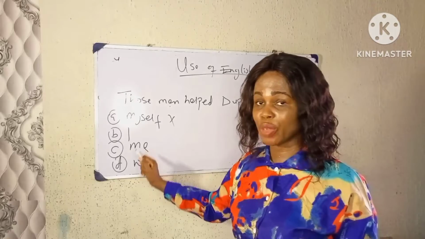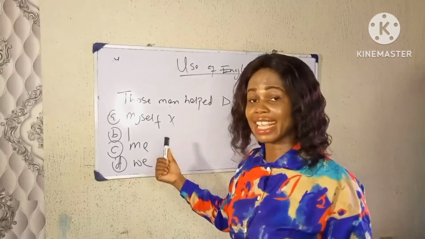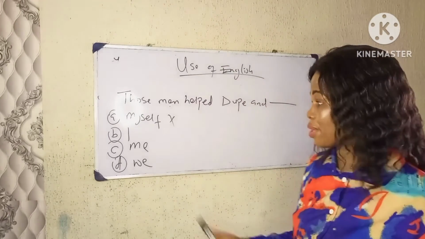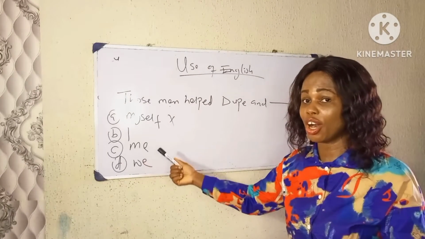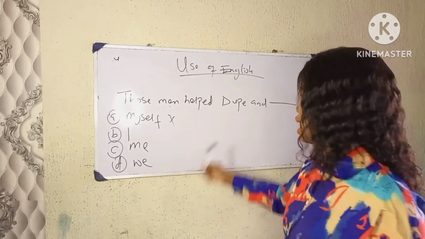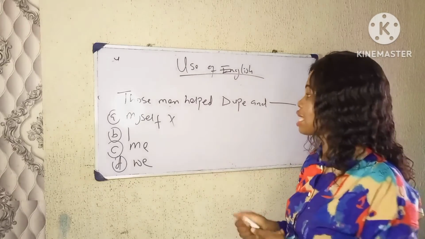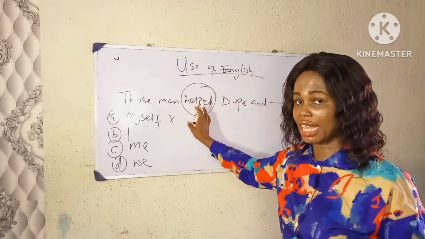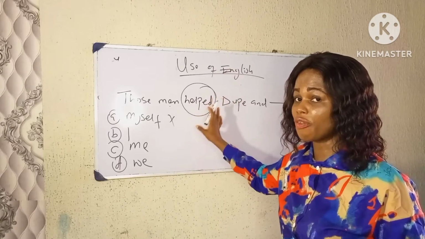Okay. Now option B, we have I. Now, like I told you guys, I is a subject pronoun. So I has to perform the action of the verb. The pronoun we're going to put here is an object pronoun because it receives an action, the action of help.